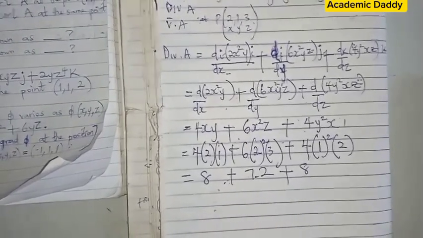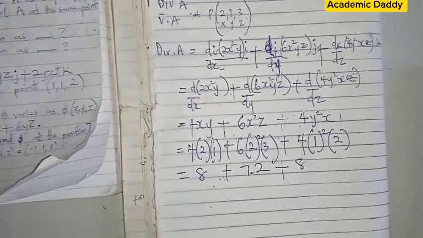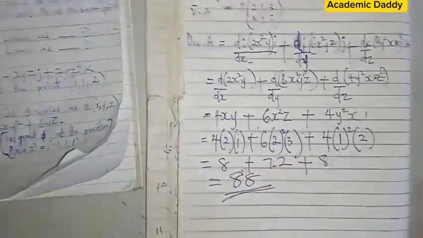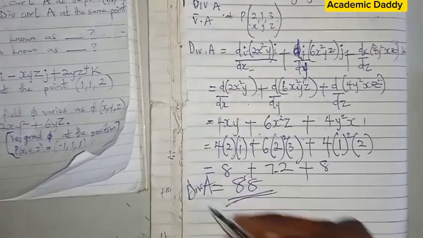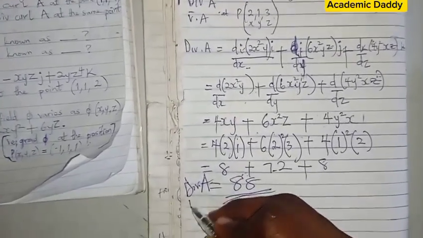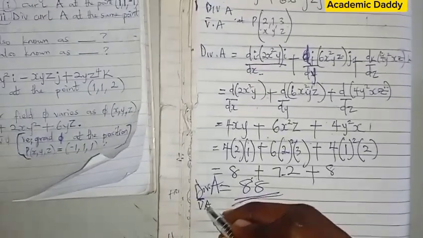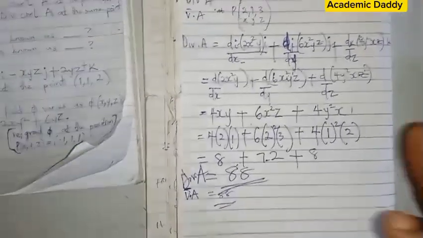So 8 plus 72 plus 8, you get 88, just like that. No direction, nothing. So the divergence of A, the derivative dot product of A, is equal to 88. That's just it. This is how you solve it. So please see the one you're solving for me.